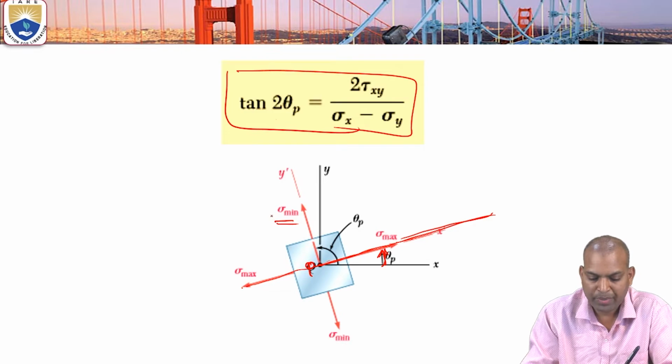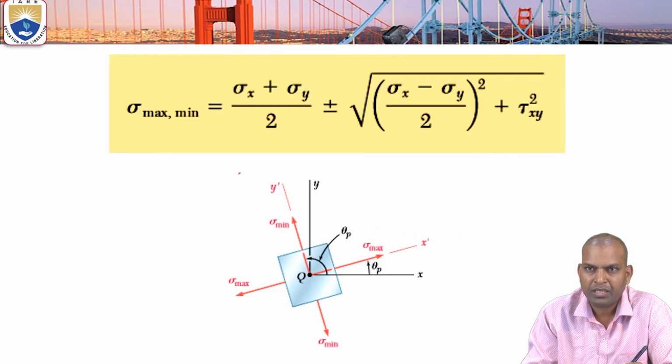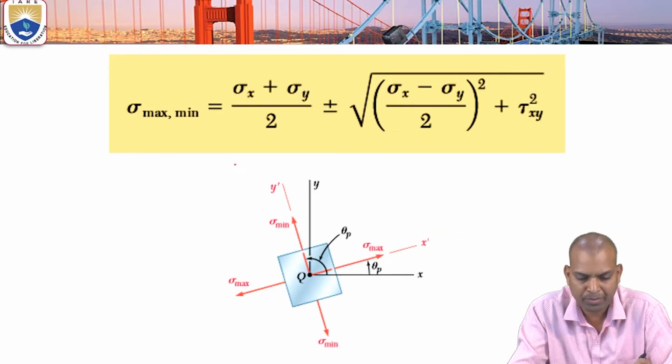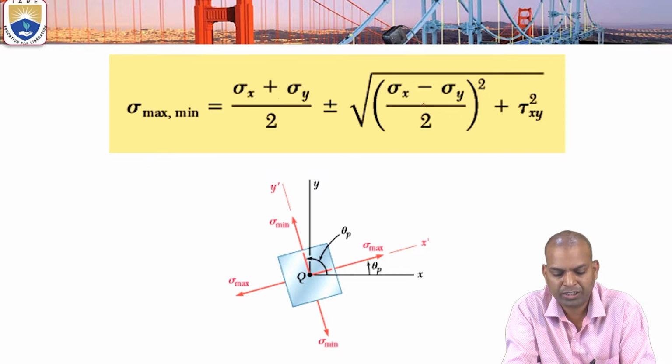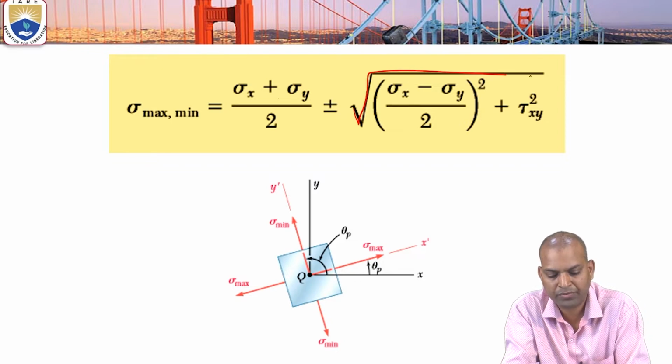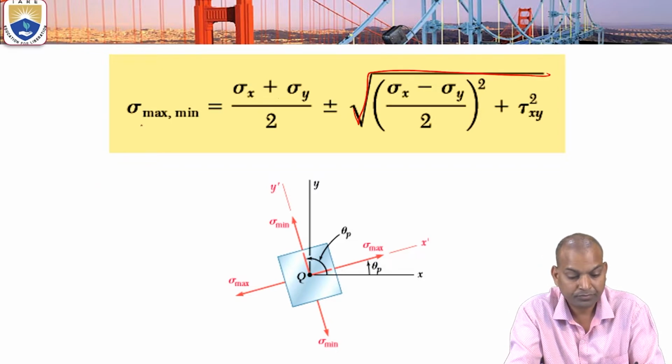Now what are sigma max and sigma min? Further simplification, sigma max and sigma min equal to sigma x plus sigma y by 2 plus or minus the square root of sigma x minus sigma y by 2 whole square plus tau xy square.